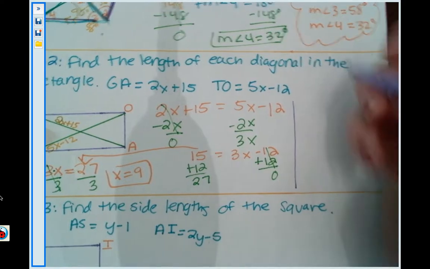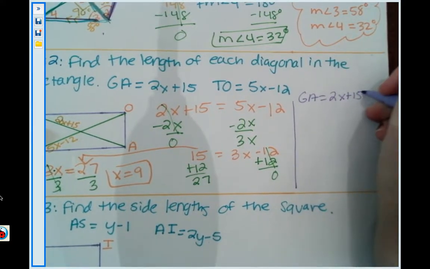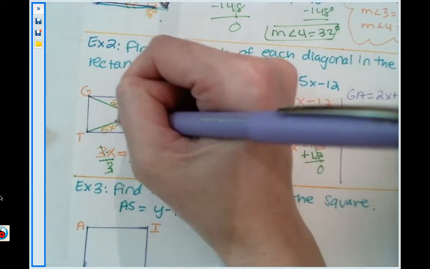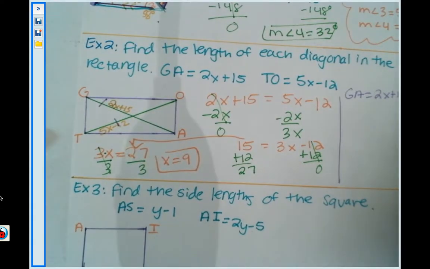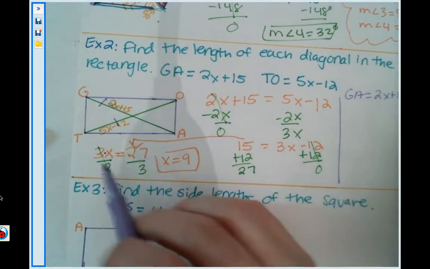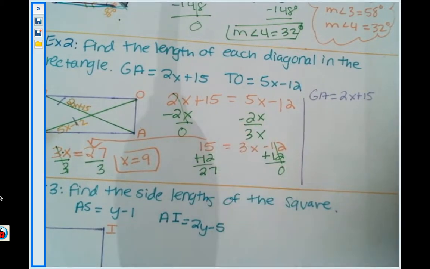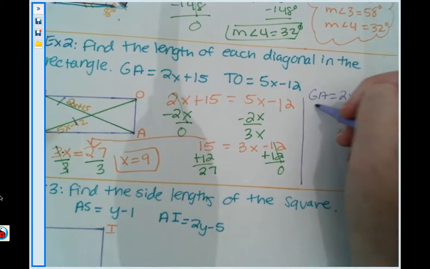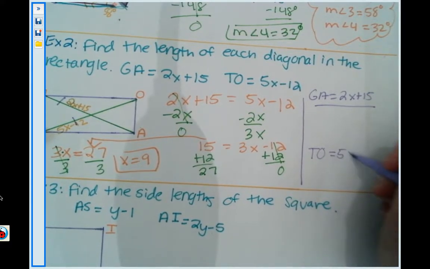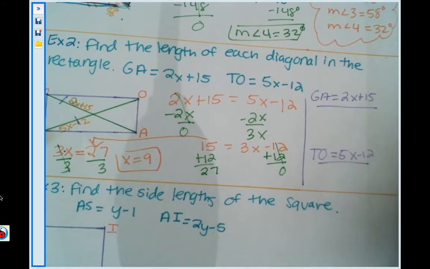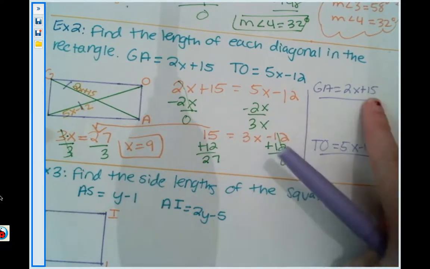So we're going to start with GA, which equals 2x plus 15. Since our diagonals are congruent, if we did it correctly, we should get the same thing for both. So let's see what happens. Everywhere I spot an x, I'm going to replace it with my 9.